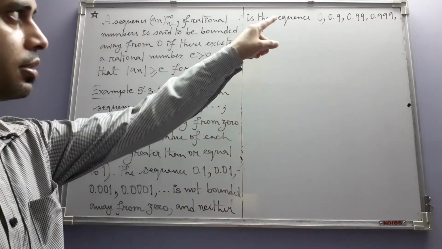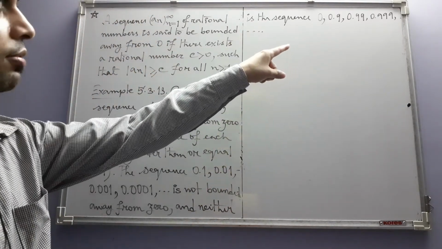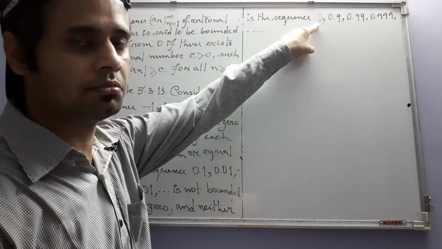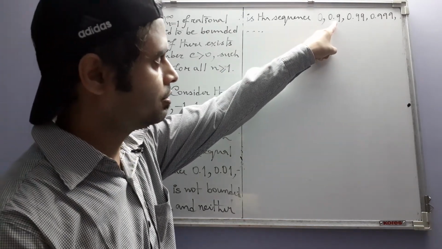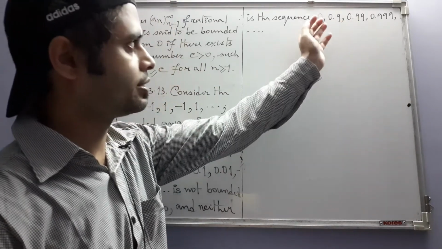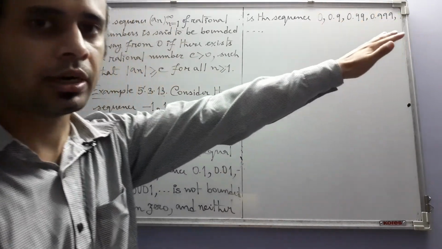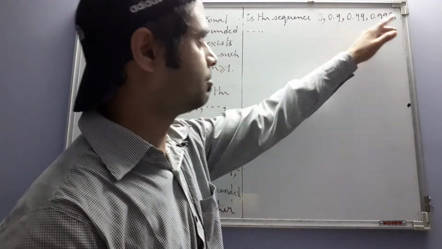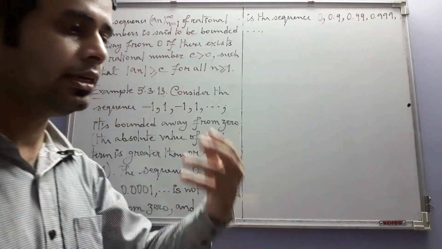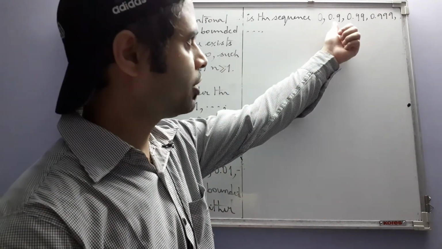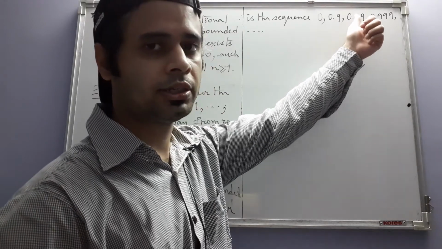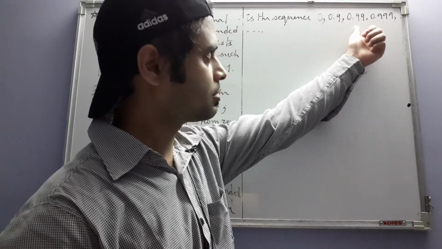The reason for this sequence not being bounded away from 0 is the first term. Note that as you go further and further along the sequence, the terms actually increase in size. 0.9 is strictly less than 0.99, which is strictly less than 0.999.